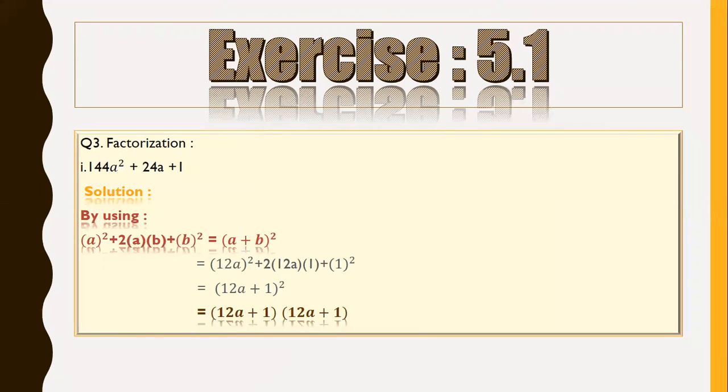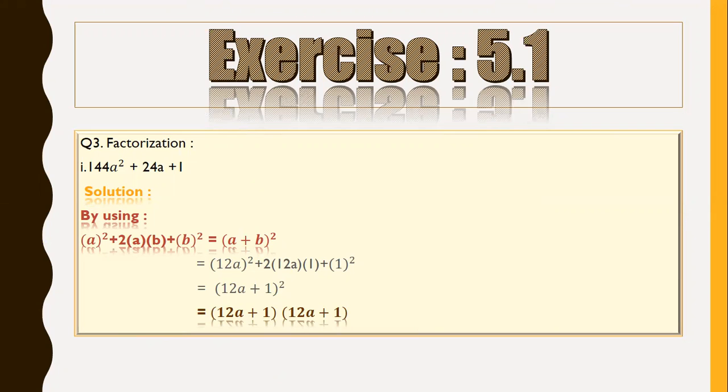And in our question, a is 12a and b is 1. So that's why instead of a, we put 12a, and instead of b, we write there 1. 12a square plus 2 into 12a into 1 plus 1 square, and this is equal to a plus b whole square.